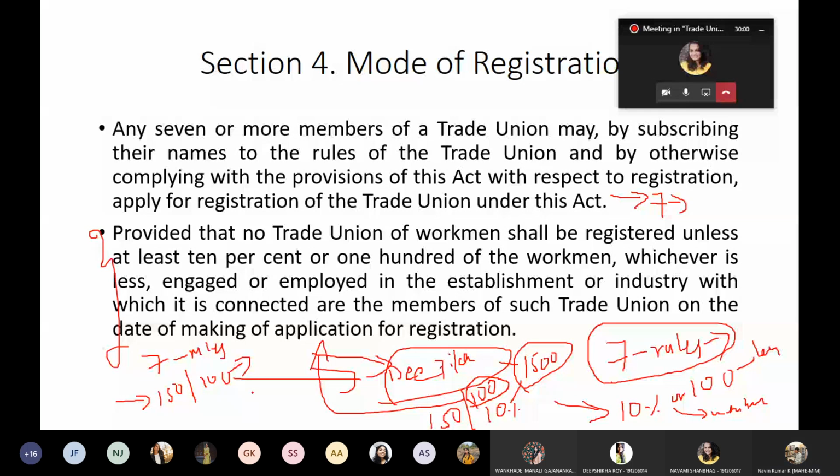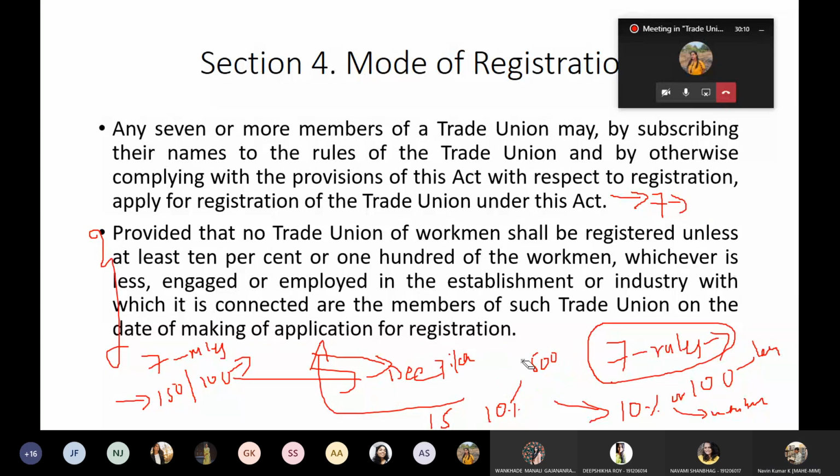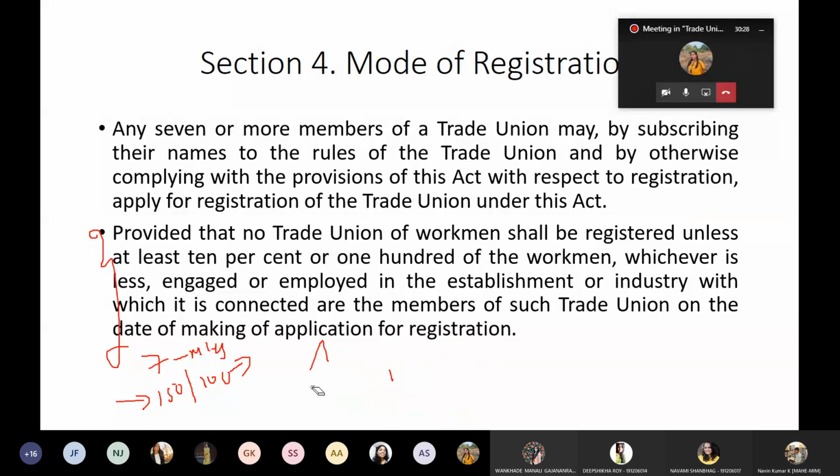Is it clear? If you have any doubt, I'll clear it and move on, or else I'll move on. Manali, what did you understand?